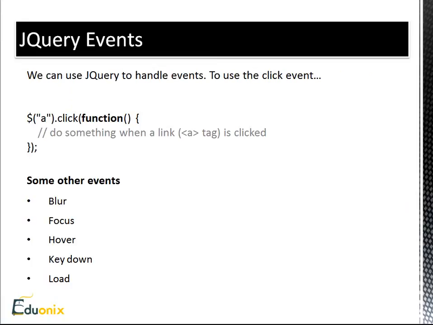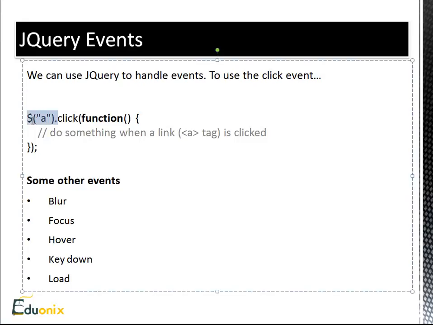jQuery events. Like I said, jQuery is very good at handling different kinds of events, and here we can see an example. We're saying all the a tags. Okay, so we know that an a tag is a link, so we're saying all the links, when we click on a link, we're going to run this function, which has nothing in it because this is just an example, but we could do, let's say, like we just saw, the addClass action.